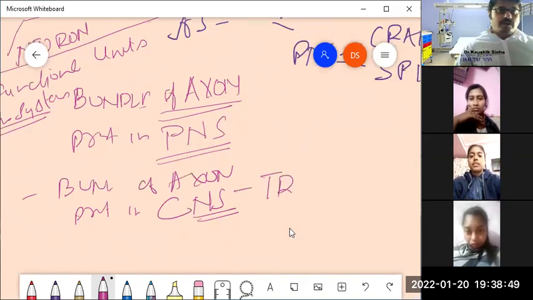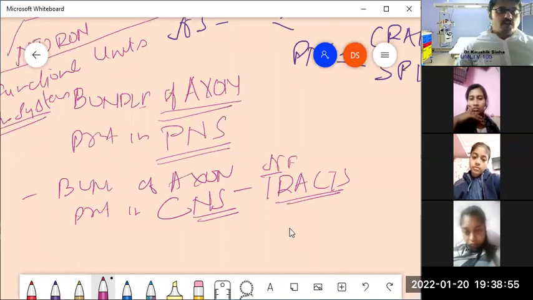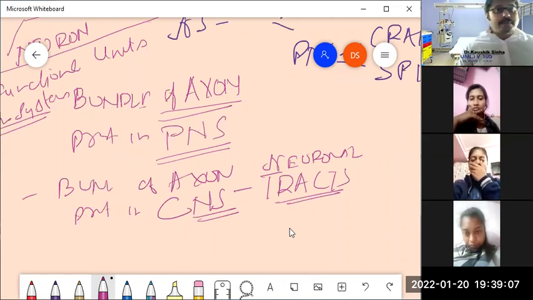What do we call it? TRACTS. Or more appropriately, we can also call it nerve tracts or neuronal tracts. But when the same bundle of axons is present outside the CNS, that means inside the PNS, we would call this nerves.